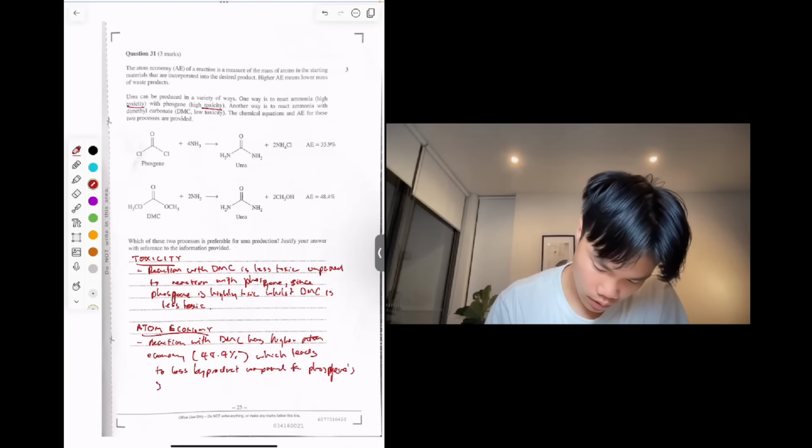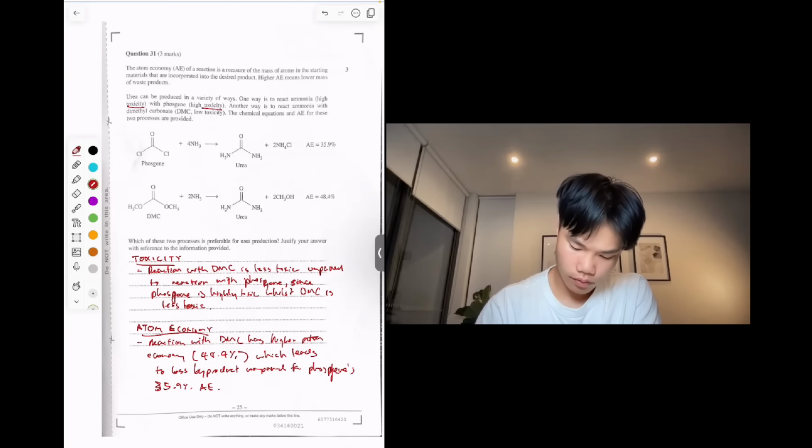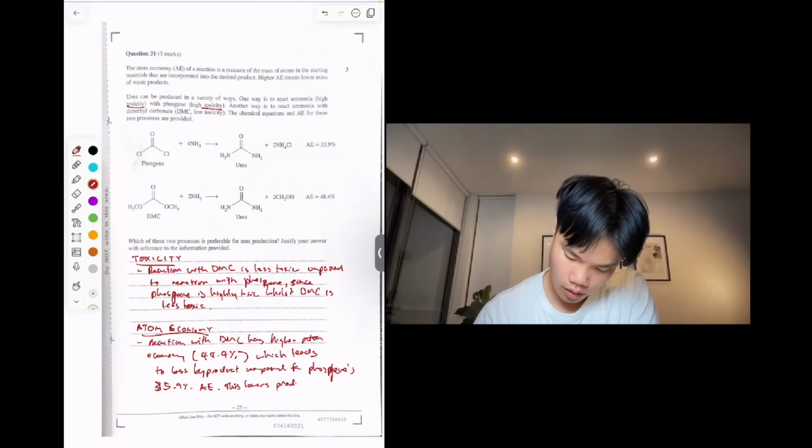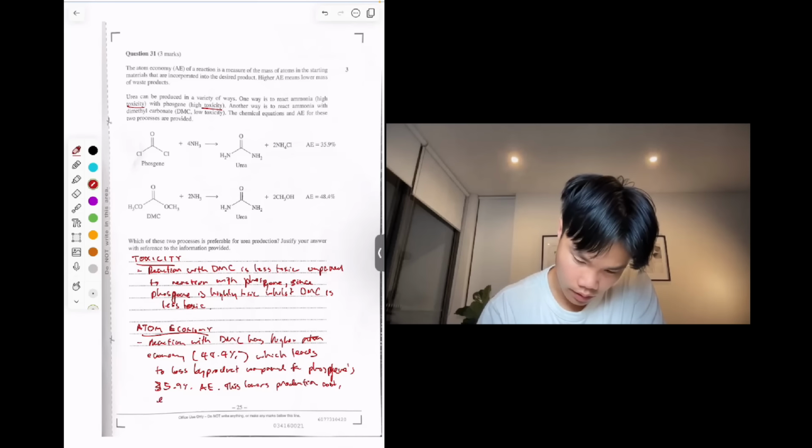Phosgene's 35.9% atom economy. This lowers production cost and environmental waste.